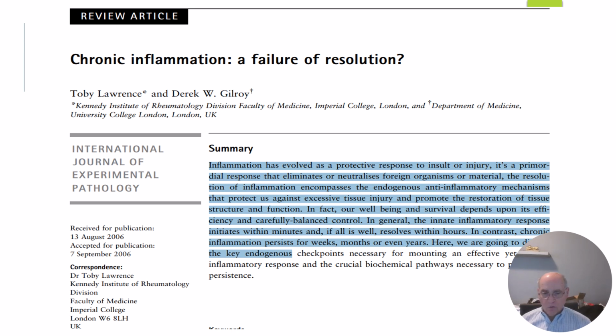And as I said, this is well orchestrated, meaning the immediate response is within minutes to ultimately hours. And subsequently, within 7 to 10 days, any type of insult should be resolved. It's when that doesn't happen and that time frame is projected out longer than it should, that's when the problem exists for a patient, where they have a chronic disease that underlying it is long-standing chronic inflammation.